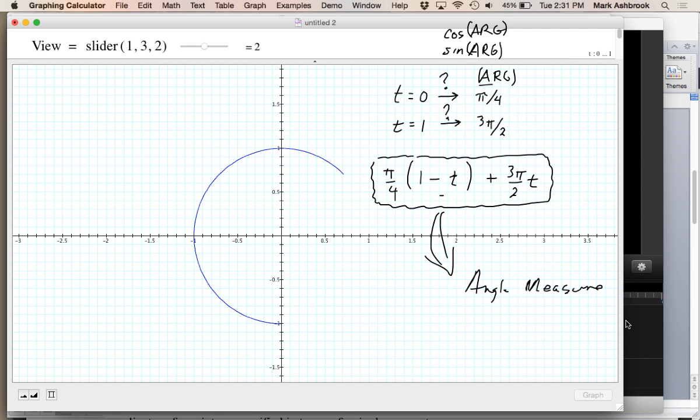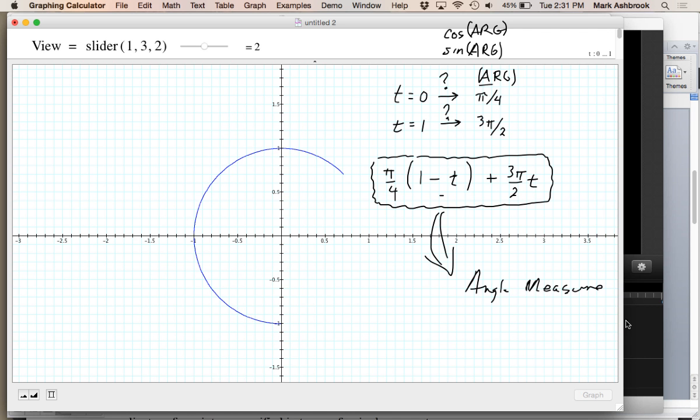So this is a way of scaling a range of t values from 0 to 1 to any beginning point and end, a linear span from your starting value to your finishing value.